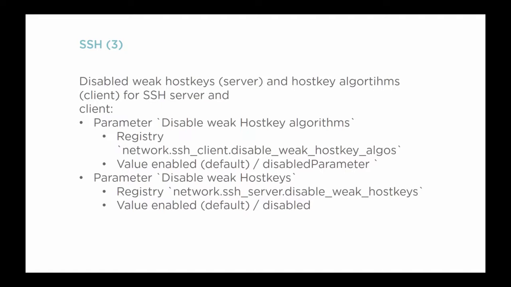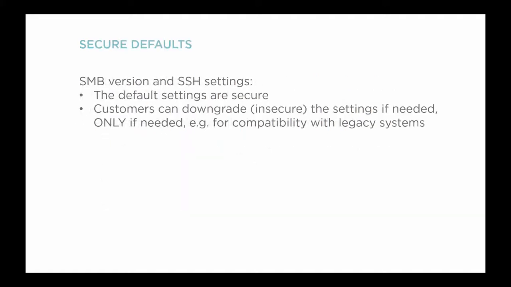Of course, this is creating some security issues, but you can do it in the registry, which you find in Setup and which you can configure via UMS profiles. So summing up, as far as the SMB version and the SSH settings are concerned, the default settings are the new and secure ones. And you can downgrade it, but please only if needed.